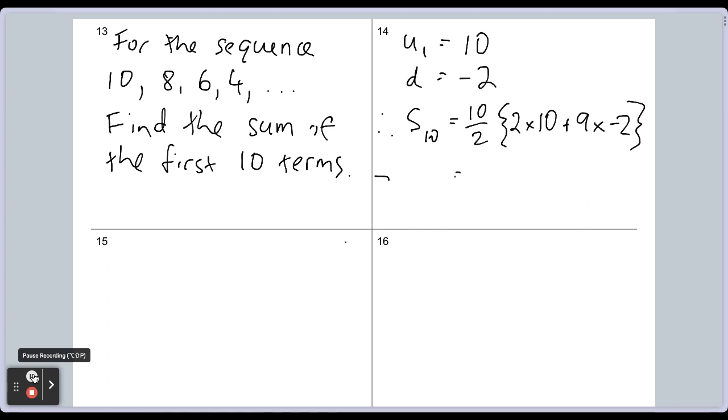Okay, simplify as best you can in whichever way makes sense. In this case, because I've got 10 over 2 is equal to 5, I'd go straight for that. So 5, and we've got 2 times 10 is 20. 9 times negative 2 is negative 18. So I've got 20 minus 18, which is 2. The sum to 10 terms, if I've got it right, is negative 10.